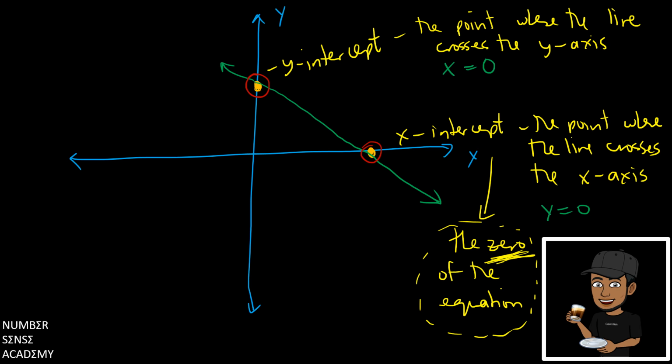For lines, there's only one 0 value because it's only going to cross the x-axis once. Once you get into quadratic equations and other functions, the curve could cross the x-axis many times, and those would be the zeros. Typically, we reserve the term zeros for the x-axis, and for y we just call them the y-intercept.